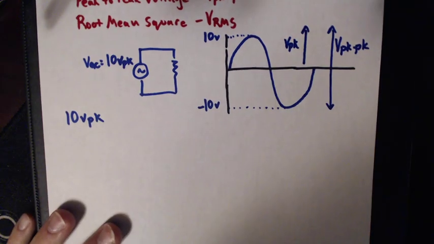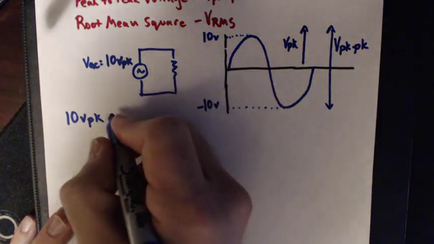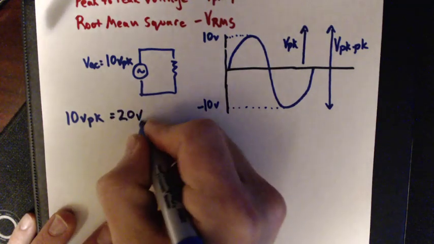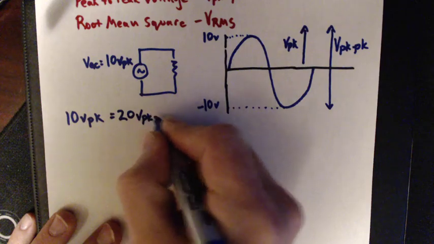So this same voltage source is also 20 volts peak to peak.